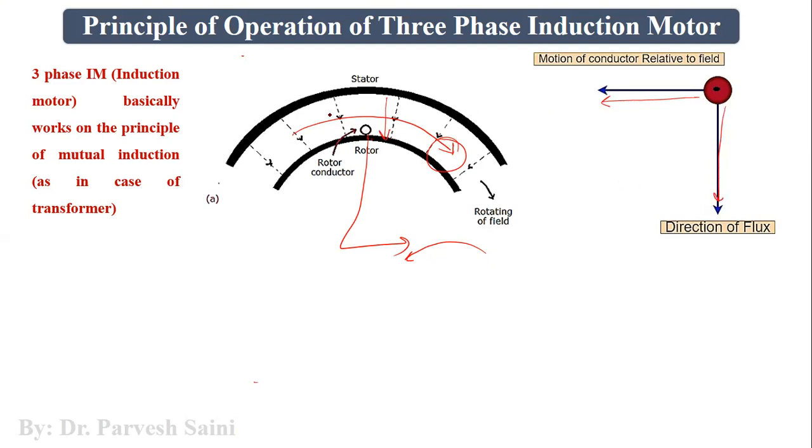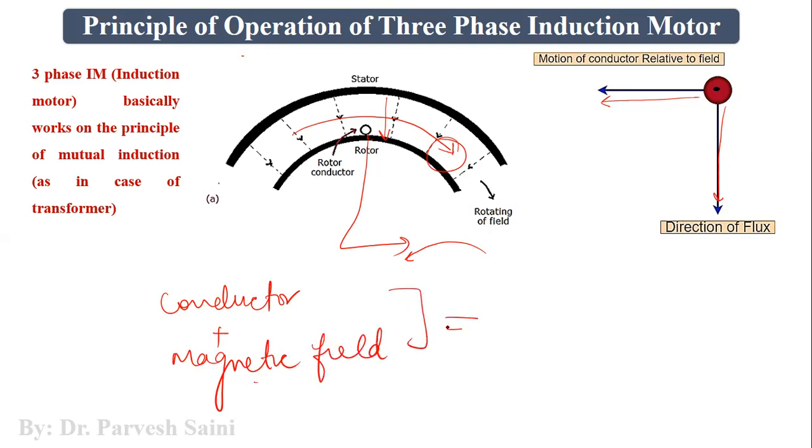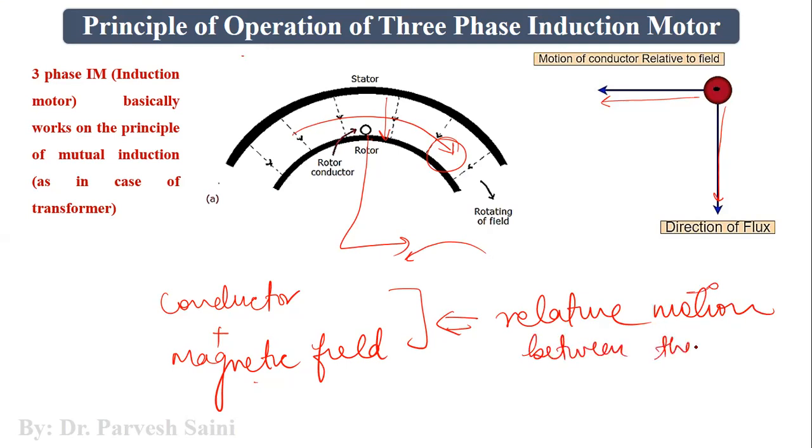Faraday said that we must have a conductor plus magnetic field and relative motion between these two.